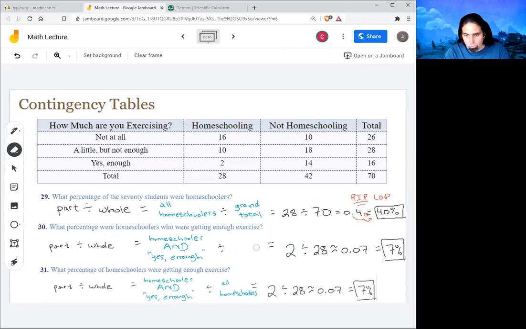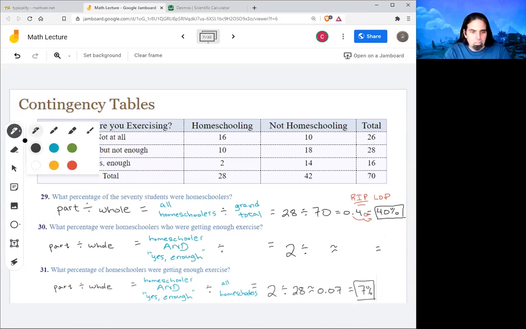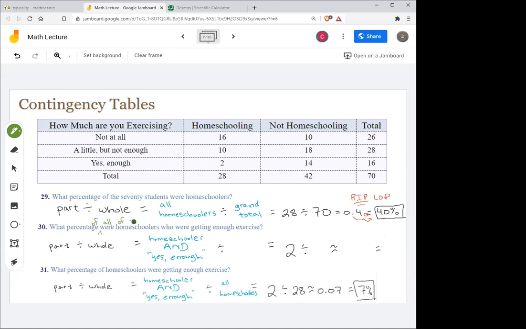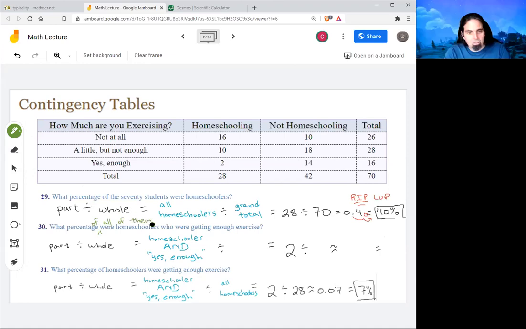It's still the 2, the homeschoolers and getting enough exercise. But since we didn't actually say of homeschoolers, then the implication is that it's of all of them. So it would be the 70 there again.